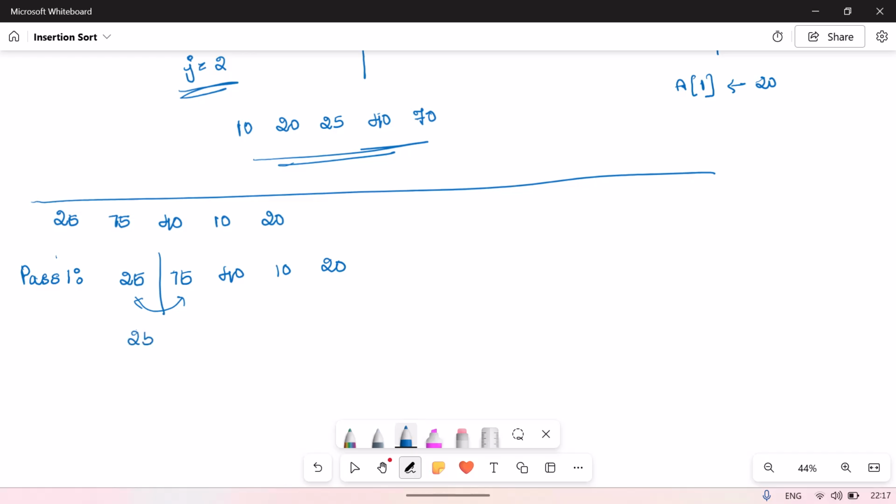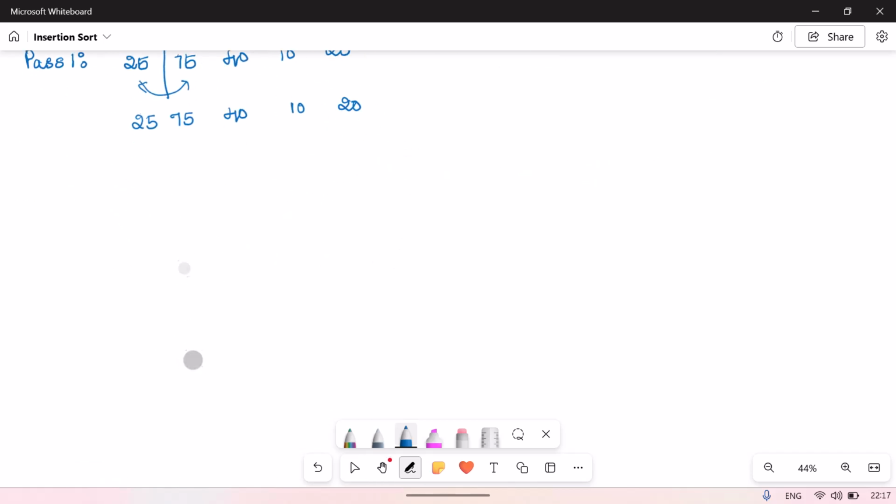So 25 will be in its position, 75 will be in its position. So 40, 10 and 20. In pass 2, this is a sorted list. Now 40 will be compared with 75. If it is so, then 75 will take its place. Then again 40 will be compared with 25. If it is not a match, then 25 remains here itself and 40 will come to this position.